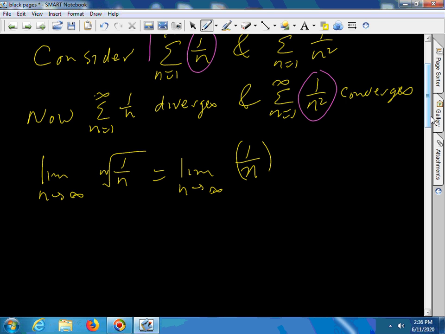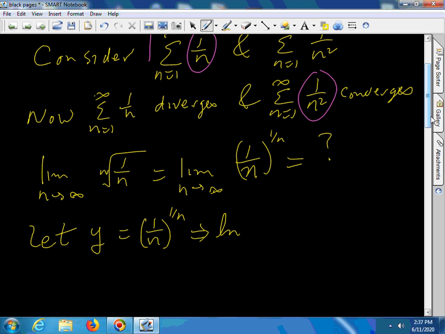It's 1 over n. The nth root is 1 over n. We want to find out what this is. So how about we let y equal 1 over n raised to the 1 over n. And then we take the ln's of both sides. So ln of y is equal to, bring down the power, ln of 1 over n.